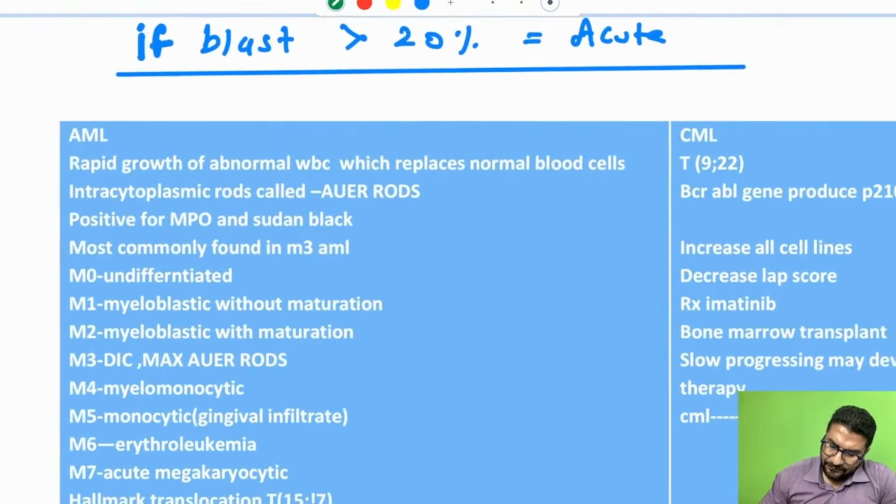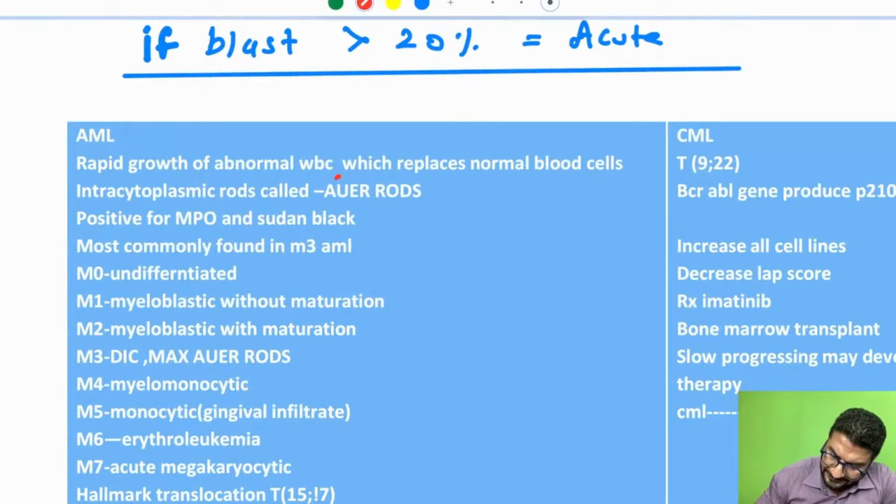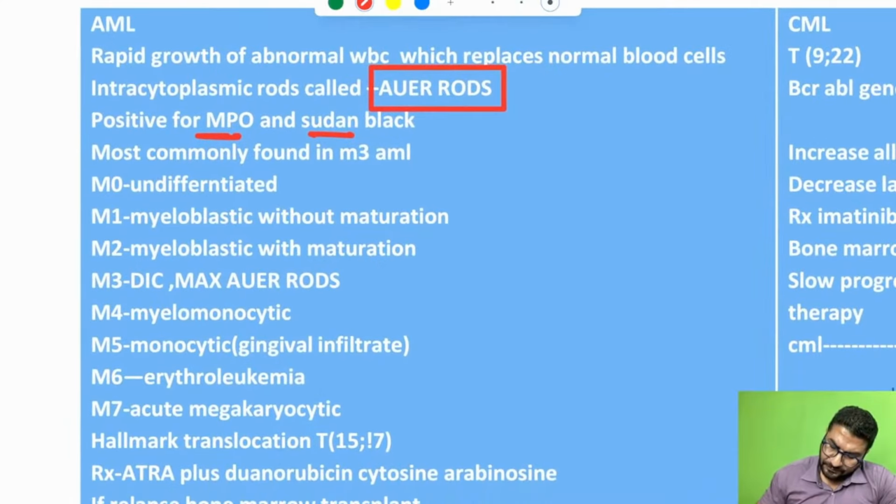In AML you will find intracytoplasmic rod-like structures. These rods are called Auer rods. Myeloid cells will be positive for MPO and Sudan black. We have different types. The most common type is M2, but the most important type will be M3.